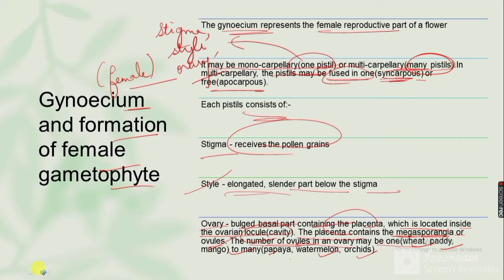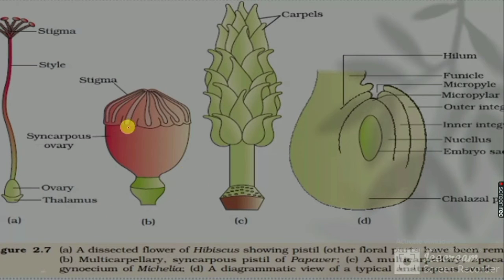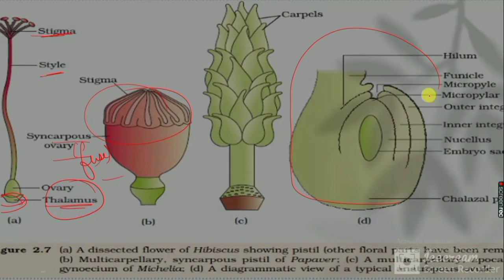Here you can see the diagram: stigma, style, and here the ovary, and below the ovary, this part is known as thalamus. This is syncarpous, meaning fused. Here you can see the structure of an ovule. This upper part is known as hilum. This is known as funicle. This gap is known as the micropyle end, and opposite the micropyle end is the chalazal point.